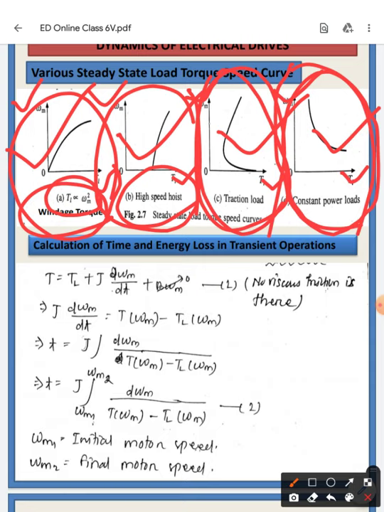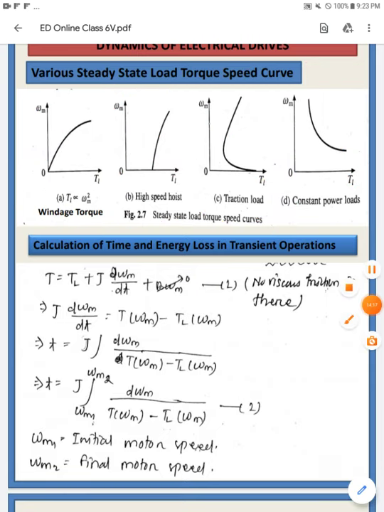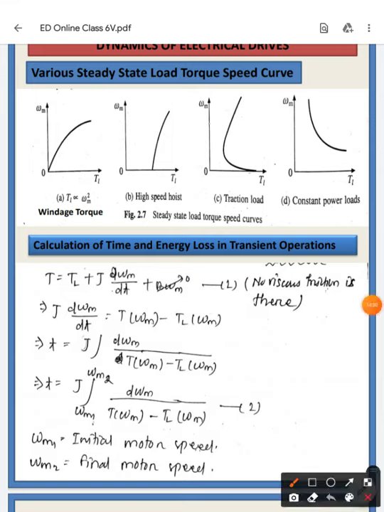So this might come in your exam. You should remember all these graphs, and you need to draw the graph during the exam.